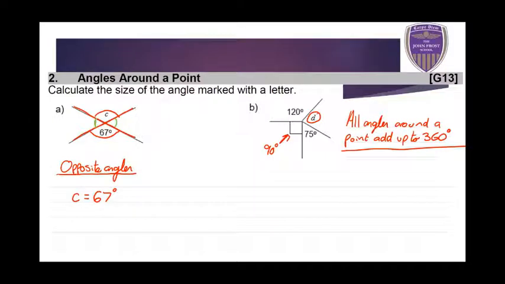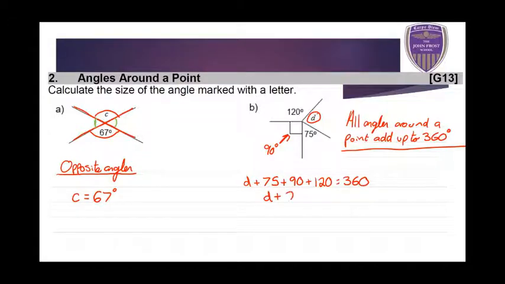So all these angles need to add up to 360. So let's collect them all together first. So D plus 75 plus 90 plus 120 is equal to 360, okay? So you're going to add these together. So D plus 90 and 120 is 210 plus 75.